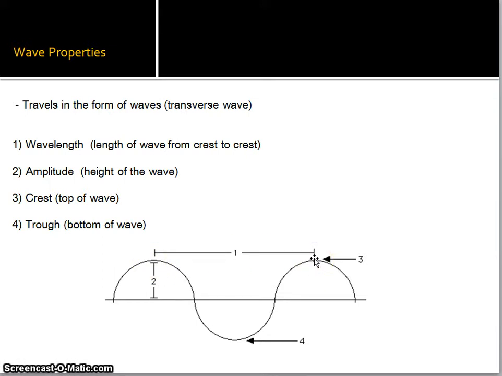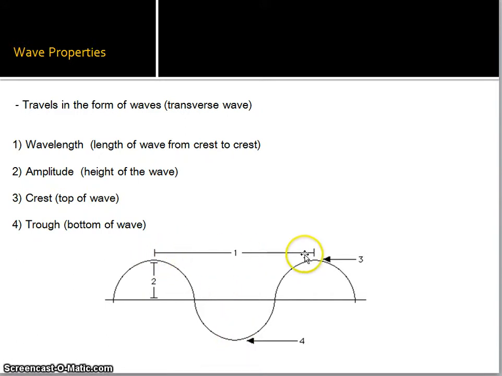Amplitude is the height of a wave, and we won't be talking about it now, but we will be talking about it later when we talk about the height of the S waves. They can be used to determine the magnitude of an earthquake. And the crest is the very top of the wave, whereas the trough here, number 4, is at the bottom of the wave. So if you hear this in the future, crest at the top, trough at the bottom.